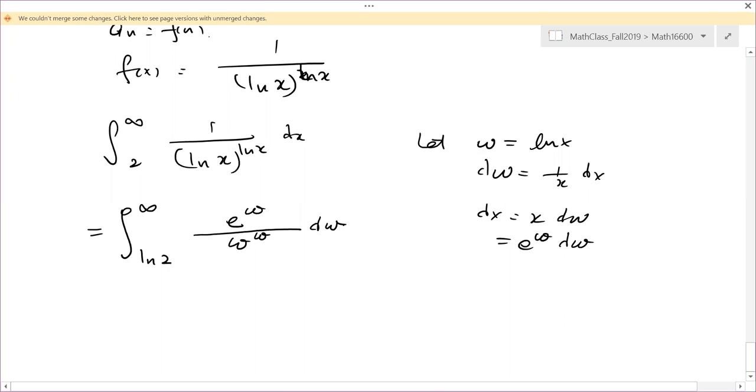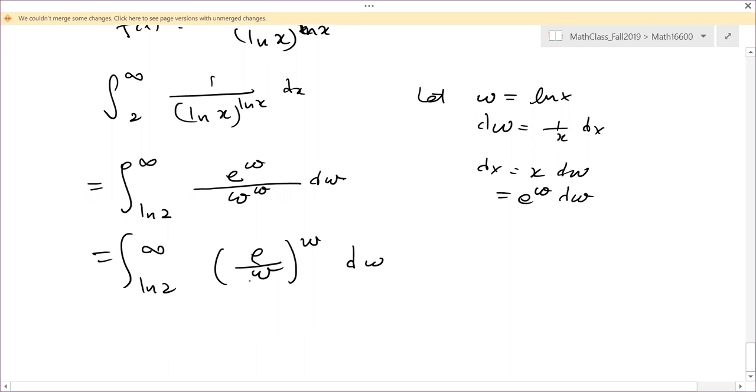Double check: dx is going to be x times dw, and x is going to be e to the w. Look at this.